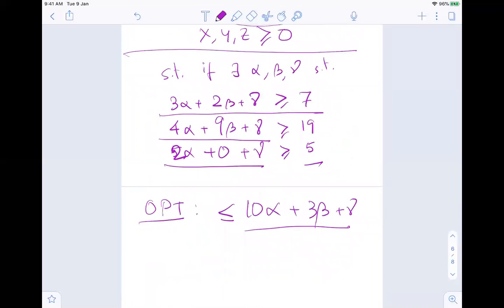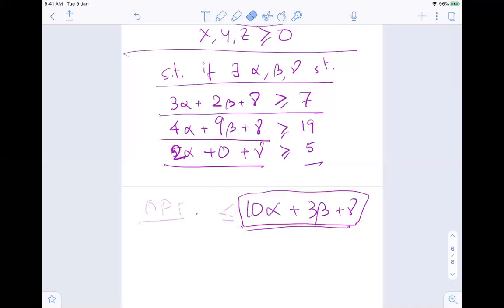So this is exactly like you are trying to find whether there exists such a thing, and your goal is to come up with the best alpha, beta, and gamma so that this quantity is minimized. The smaller this quantity is, the better the bound on the optimum that we will get.